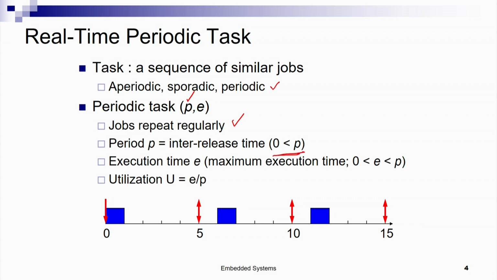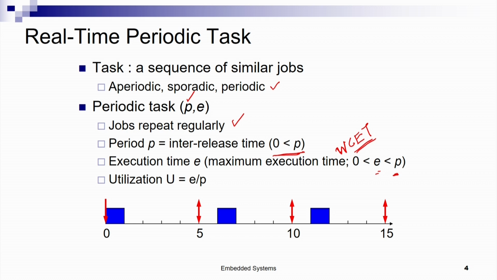The execution time E is the maximum execution time, that is the WCET, which we discussed in the last class. So, this E and WCET are the same here, and it is greater than 0 and less than P.